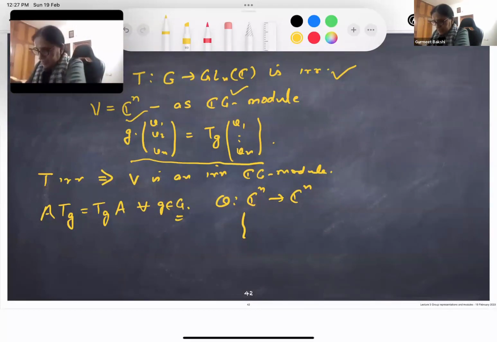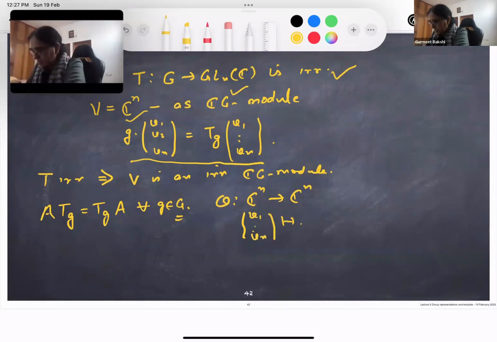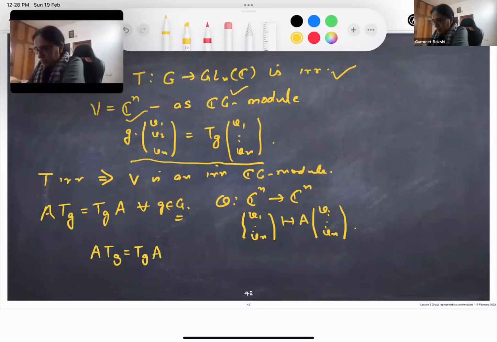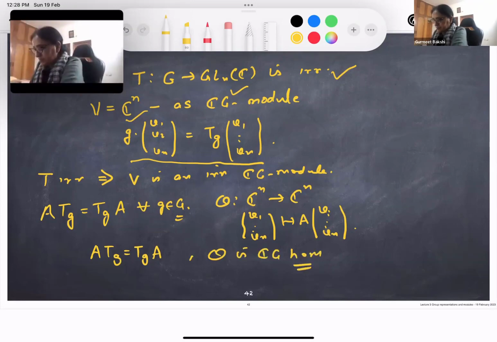So now I have taken a matrix which commutes with all Tg, and I want to prove that it's a scalar matrix. So what I do, you look at this map theta from Cn to Cn given by this. Now, because of the fact that A Tg is Tg A, this theta is a CG homomorphism.